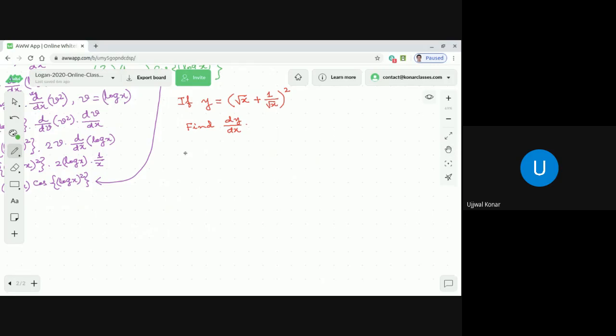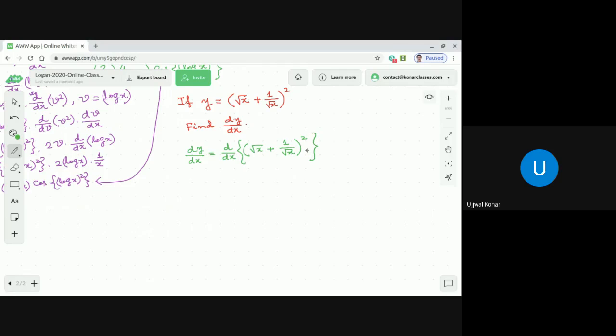So what we need to find? We need to find dy/dx, correct, dear students? That means it is equal to d/dx of square root of x plus 1 by square root of x, whole square.